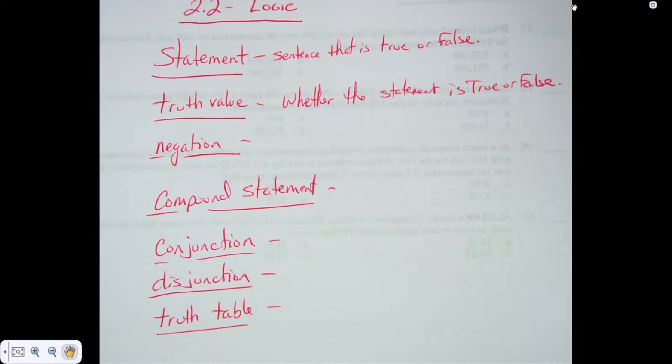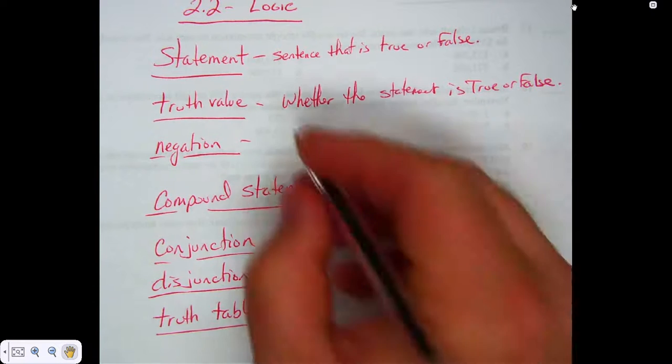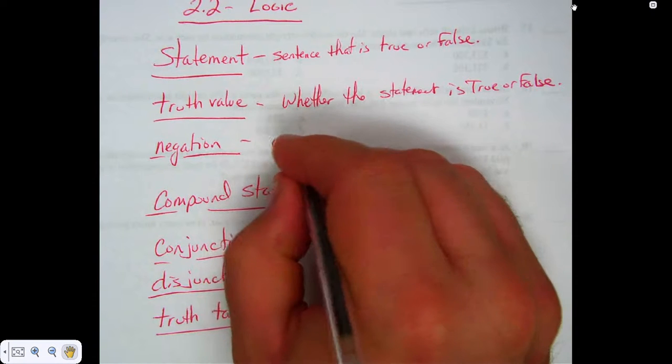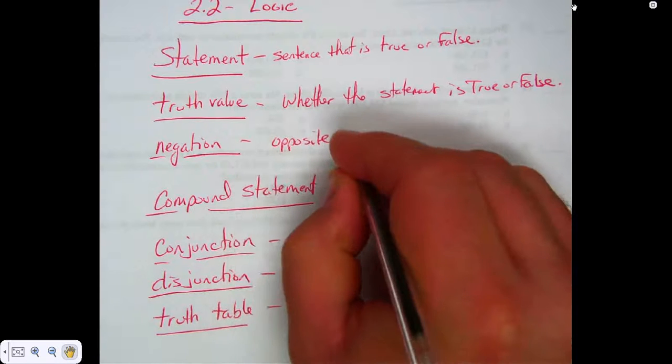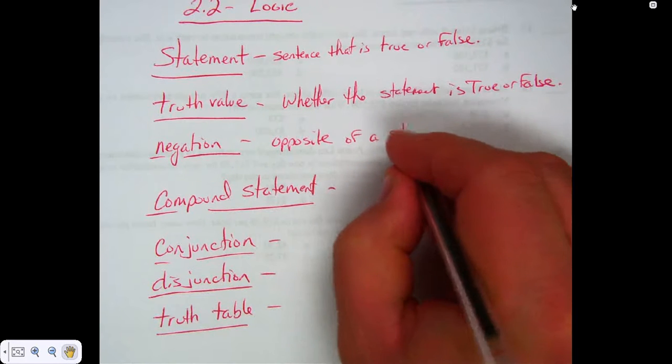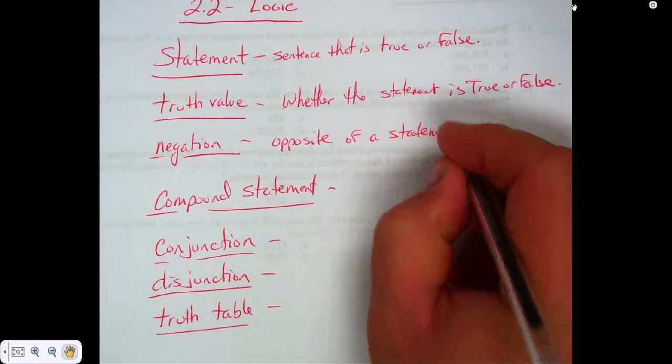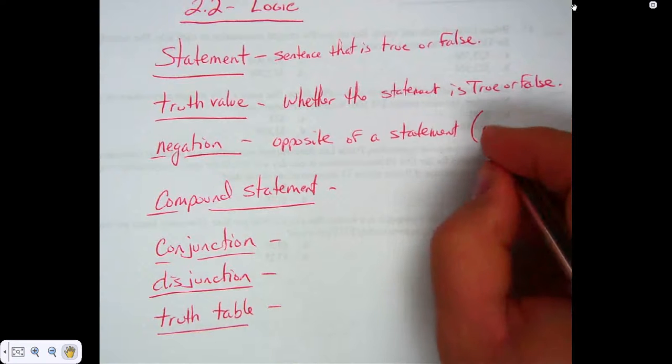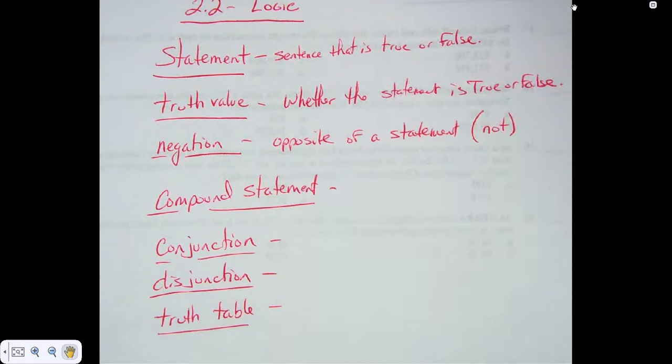Negative 5, right? What do we call negative 5 compared to 5? They are what to each other? Opposites. Negation is basically the opposite of a statement. A lot of times you'll put the word what? Not.